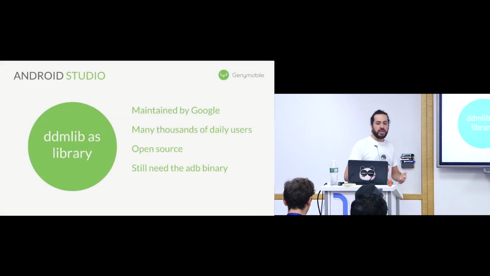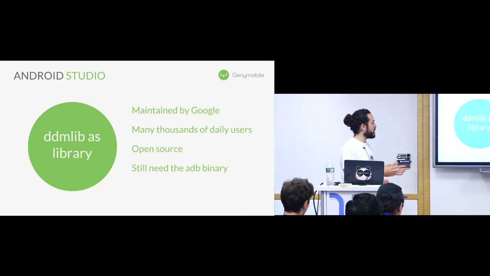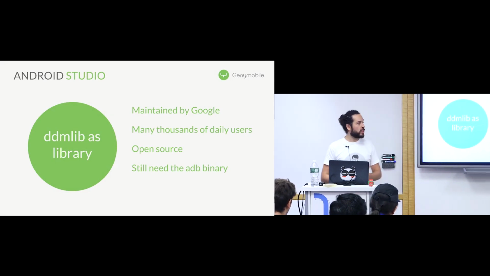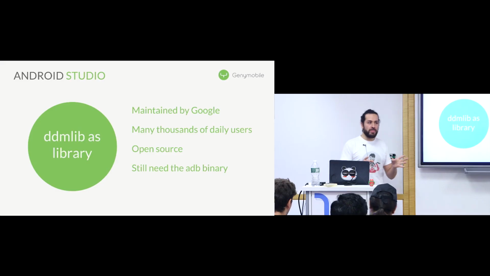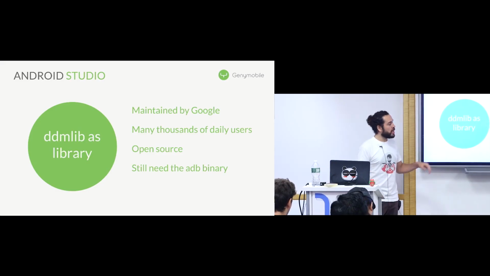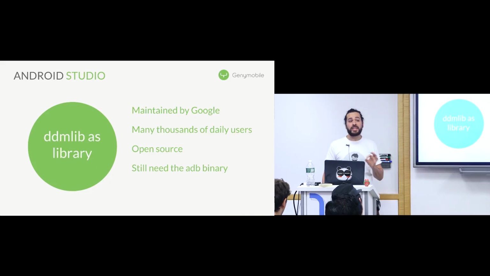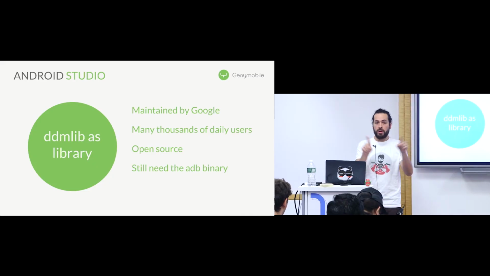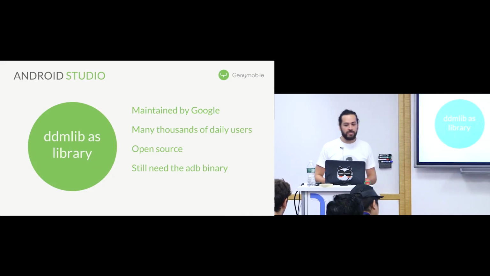So there are a few things that I want to tell you about DDMlib as a library for your project. I never tried it for real, but that's something I realized by browsing the source code. It's maintained by Google. You have many thousands of daily users, all you in this room, actually. You are using DDMlib.